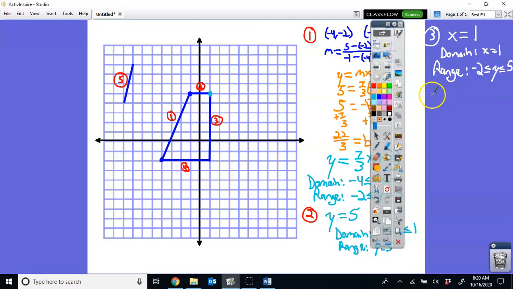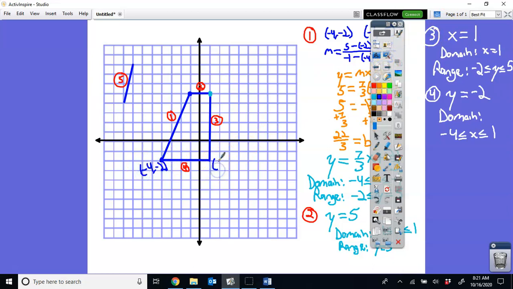And the reason I told you about horizontal and vertical lines here is because if I'm looking at these horizontal and vertical lines, like this one's y equals -2 the whole time, my domain is going to be from -4 up to 1, because it's -4 over here over to 1. And again, guys, the reason that happens is this point right here is -4, -2.